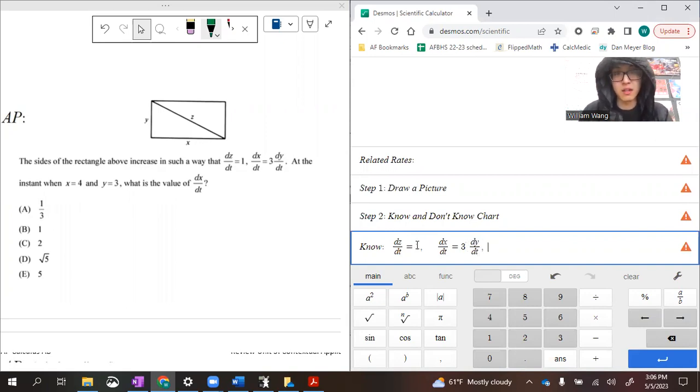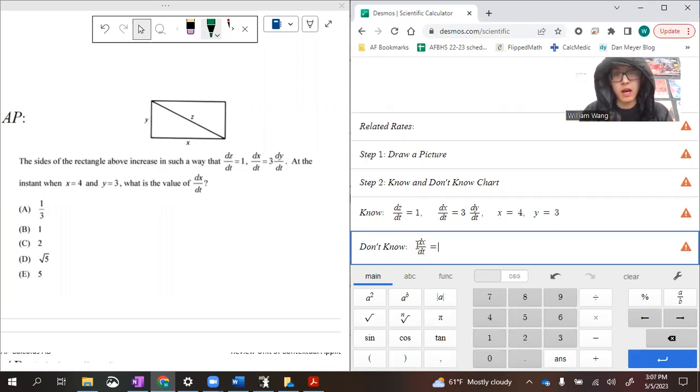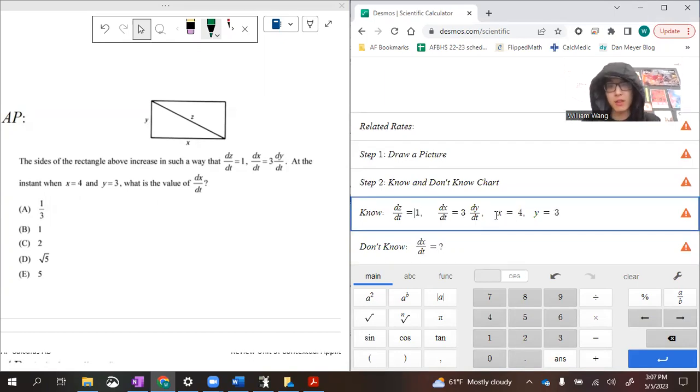Seems a little odd that I know that, but that's fine. I know x is equal to 4, and I know y is equal to 3. What do I not know? I don't know dx over dt. I may try to add stuff to here, but for the time being, this is everything that I know, because that's all they gave us in the problem.